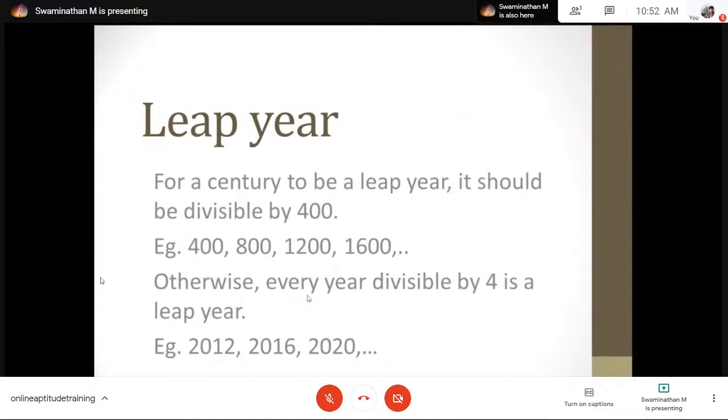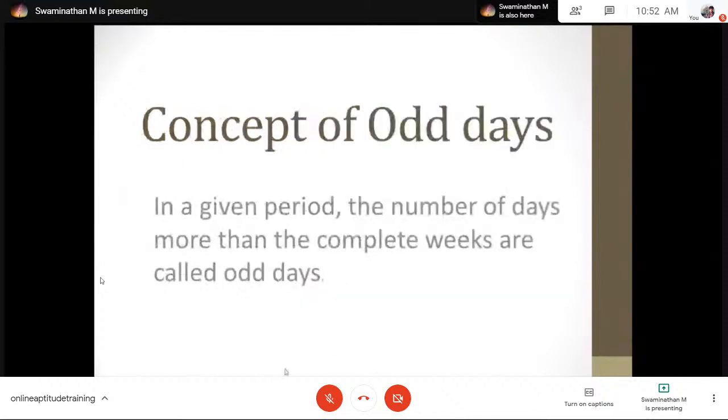Okay, next, the concept of odd days. There is also a small confusion for many students in this concept. Odd days, for a given duration, are the number of days left, that is, the number of days more than the complete weeks.